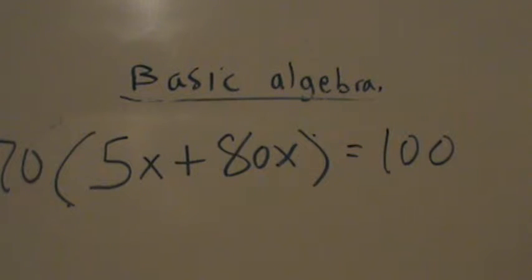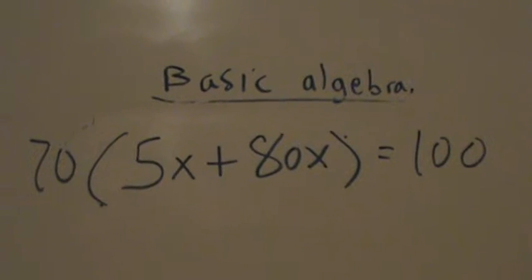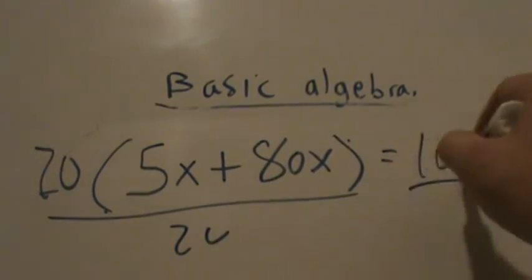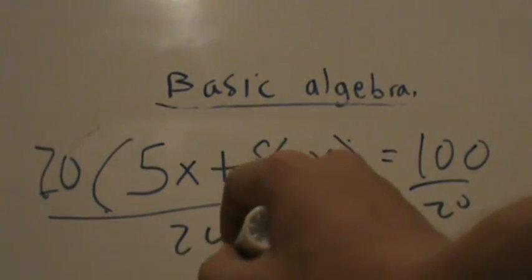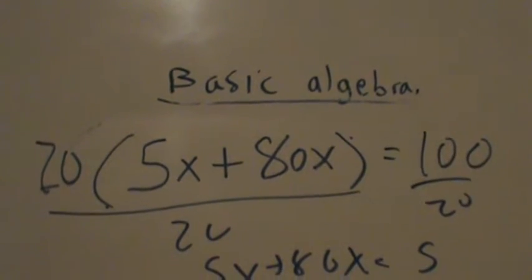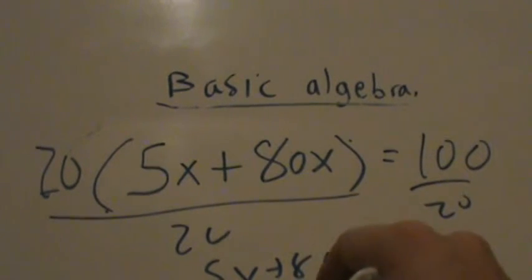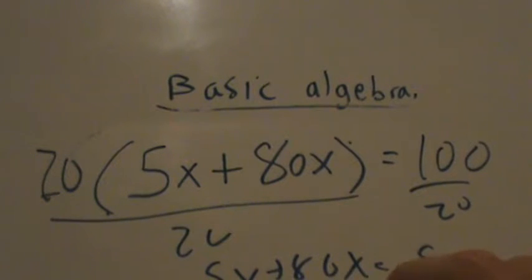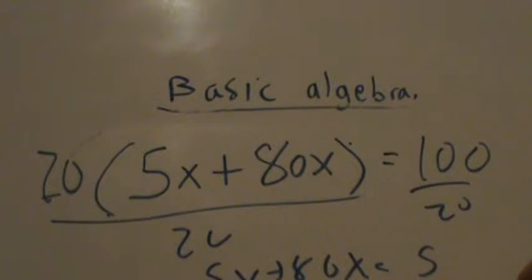So let's figure out when this statement is a true statement. The best way of handling this, because these are being multiplied together, is to divide this side by 20 and that side by 20. So then you have 5x plus 80x equals 5. So now you have 85x equals 5. So x equals 5 over 85ths, which is equal to 1/17.